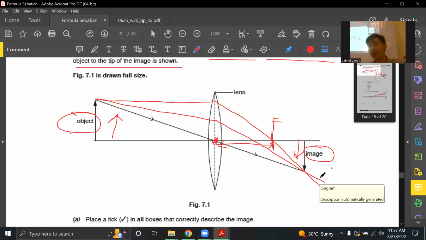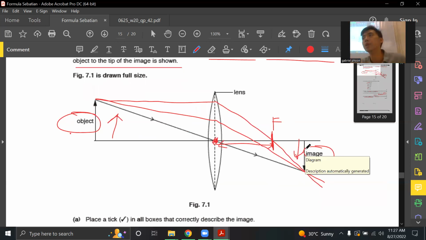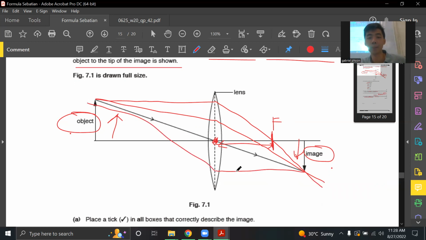Because you understand that the image can only be formed where all the light rays are converging. Very, very important. Please make sure you know this. But in a normal scenario, if they don't say it cannot pass through the principal focus, you just draw one here and then this here. This bottom line is just a mirror of the first light ray, guys, in a normal scenario. But in this question, they cannot.